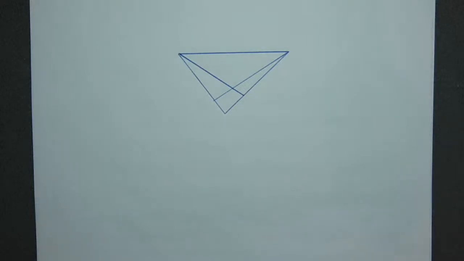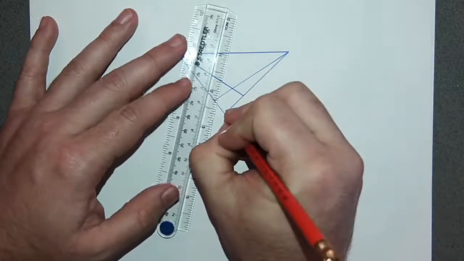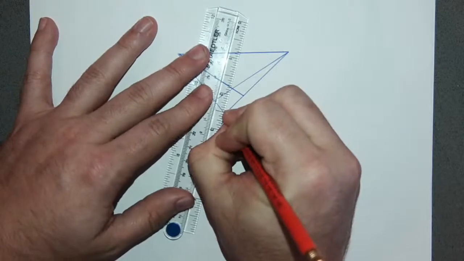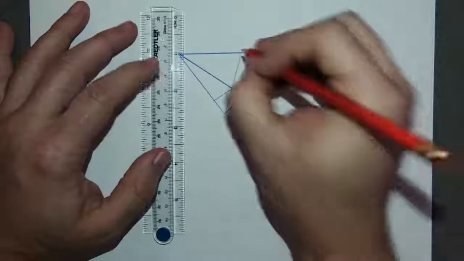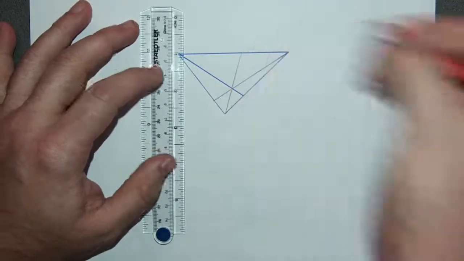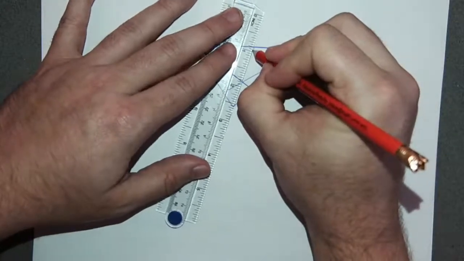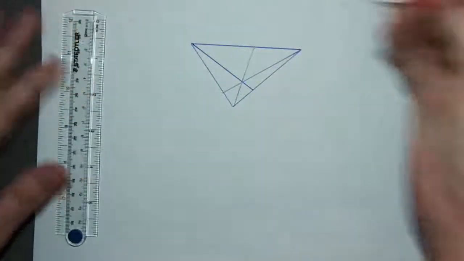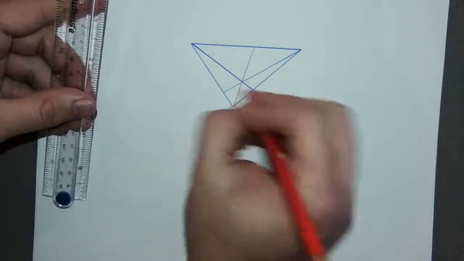Okay, so what's the next step? This is my first tile. I draw its diagonal. Again, I only need straight edge for this. There's its diagonal. Then what do I do? I can do this on either side.